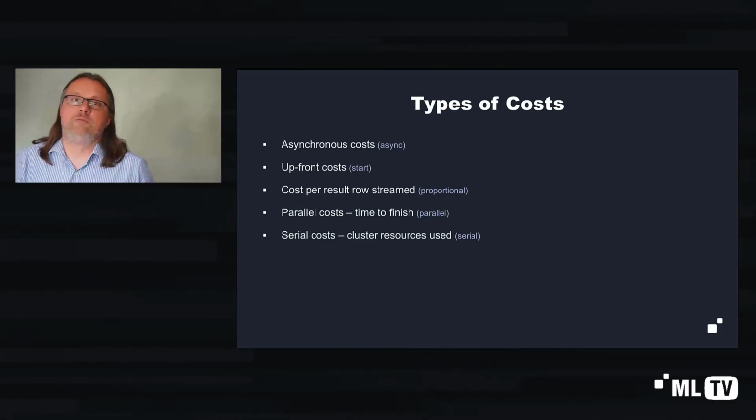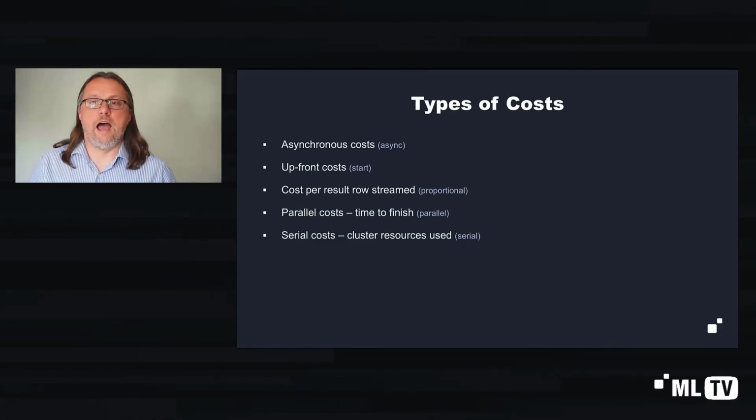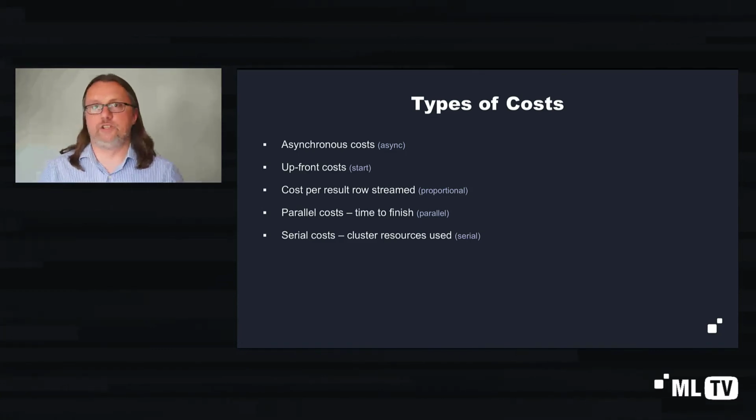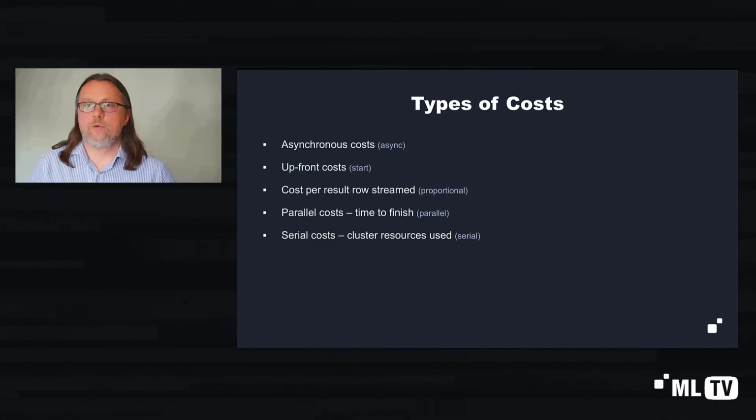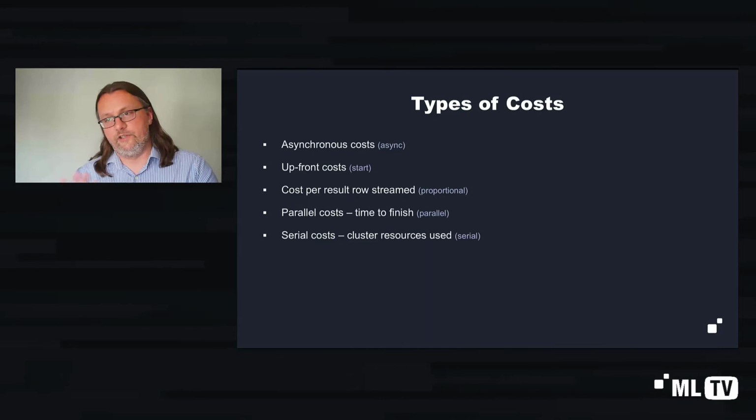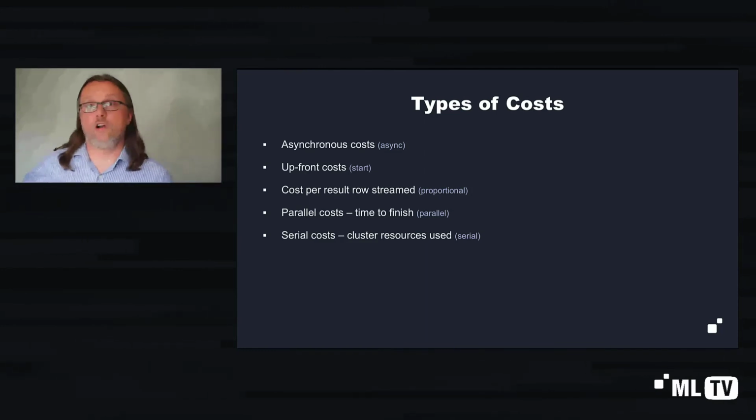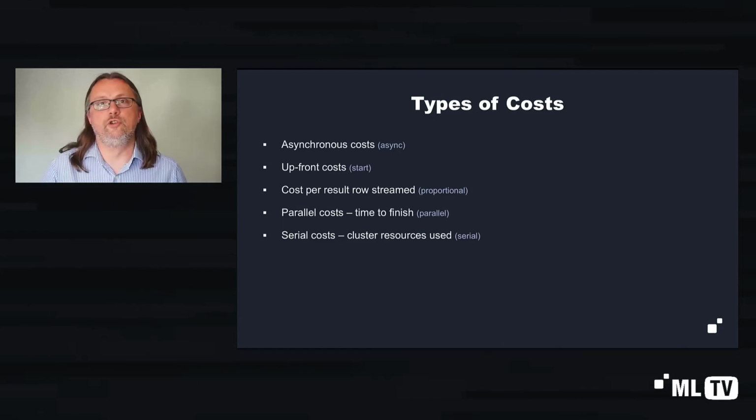Those are called proportional costs. And for those costs, let's say you only take 10 of the results because you have limit 10, out of 100, then you can take 10 hundredths of the proportional cost and discard the rest, because you don't have to pay for the rest of the results to be calculated.